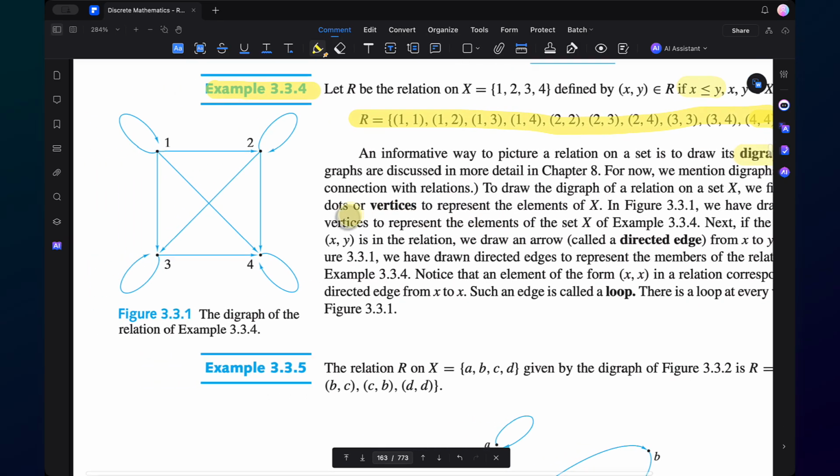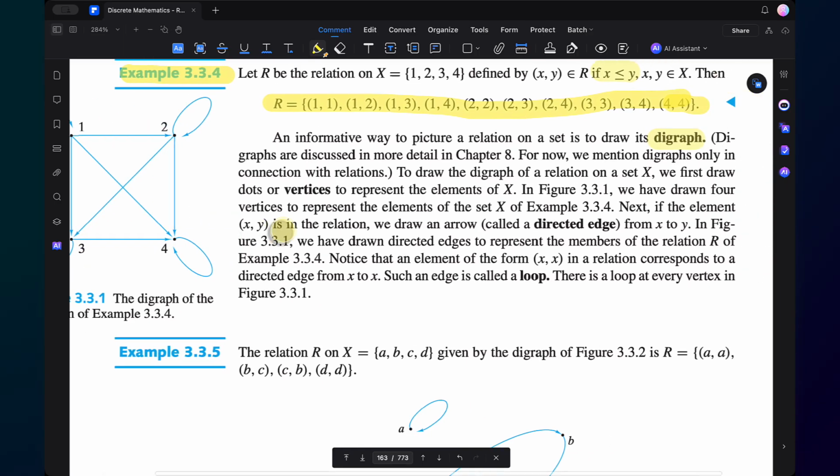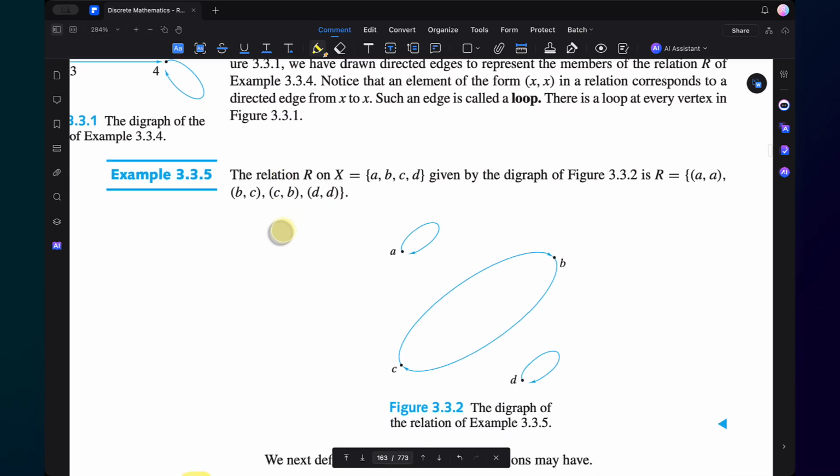For example, let's take a look at this one. Here we see that 1 is related to itself, 1 is related to 2, 1 is related to 4, 1 is related to 3. 2 is related to itself, 2 is related to 3, 2 is related to 4. See how that's working?